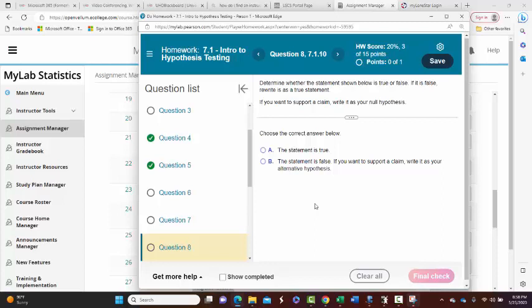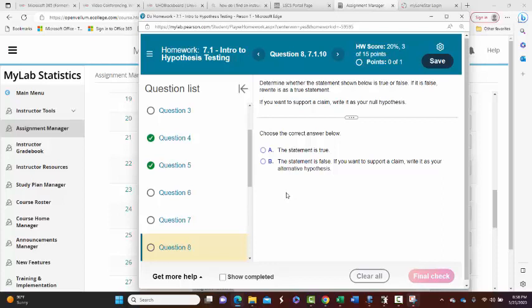All right, this is kind of what I was just saying a couple of problems ago. If you want to support the claim and you were doing this yourself, keep in mind you're just going to be answering problems as the wording is presented to you. But if you were setting it up, you'd think, this is really going to be greater than, so I want to set the alternative as greater than, and the H0 as less than or equal to.